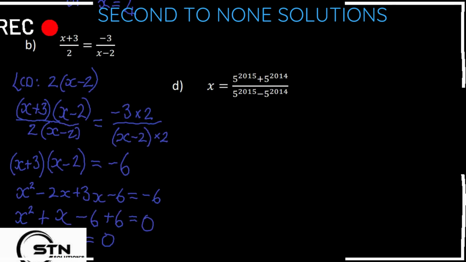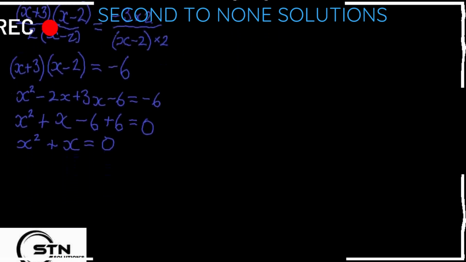We still need to factorize it, so let's go down a little. And we always start by looking for a common factor. In this case, our common factor is quite easy to spot. We've got x as a common factor in both. If we take out x as a common factor, x squared would become x, and x divided by x becomes 1.